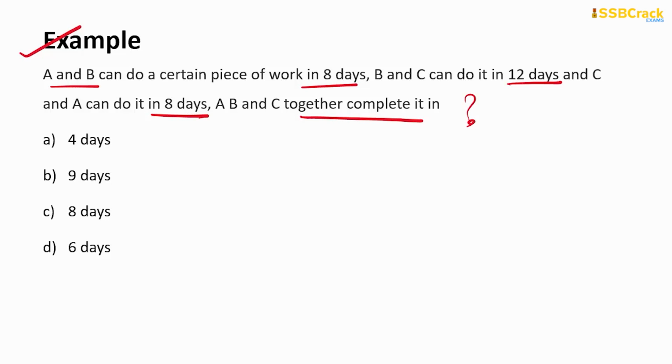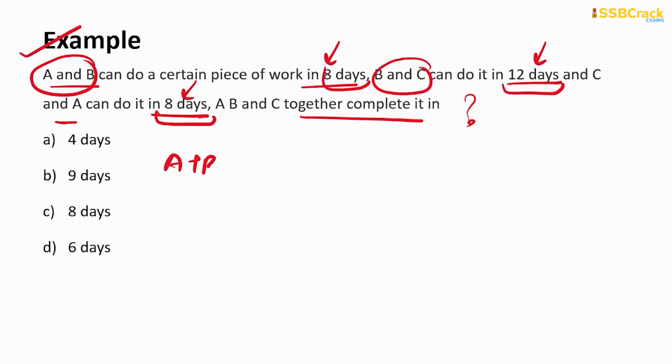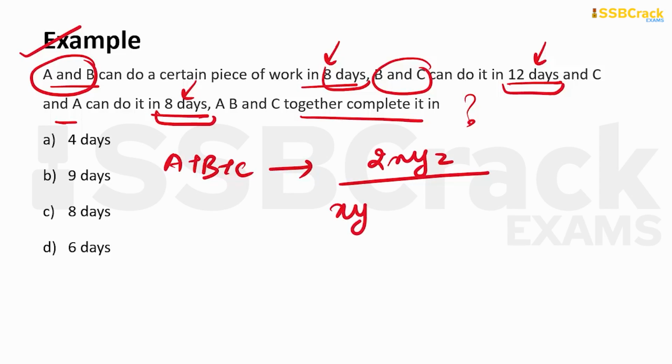So here we can directly see that our X is 8, our Y is 12 and our Z is 8, because the time taken by A and B is 8, B and C is 12 and C and A is 8 days to complete the same work. So the time taken by A plus B plus C to complete the same work will be 2xyz upon xy plus yz plus zx, right? So now you can easily put the values.